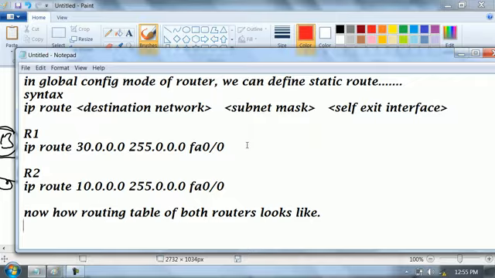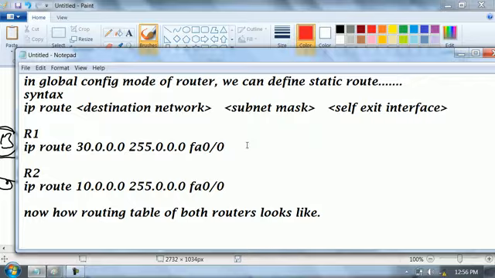Agree? But this time, am I telling the router about any next hop? No, I am just saying R1, if you want to reach 30's network, send traffic out of your own this particular interface. I am telling R2, if you want to reach 10's network, send packet out of this interface.